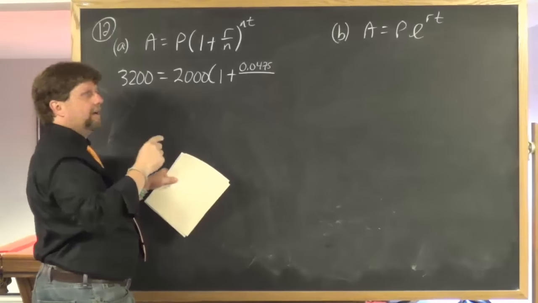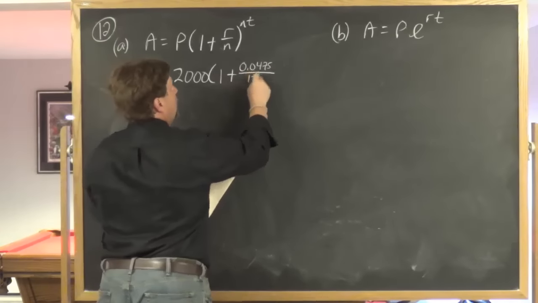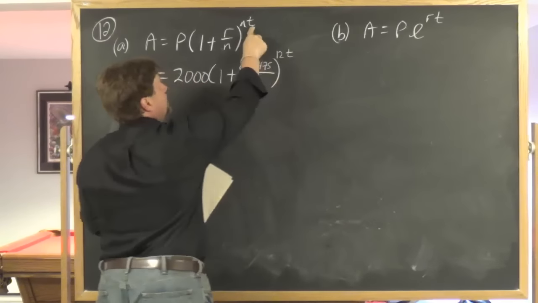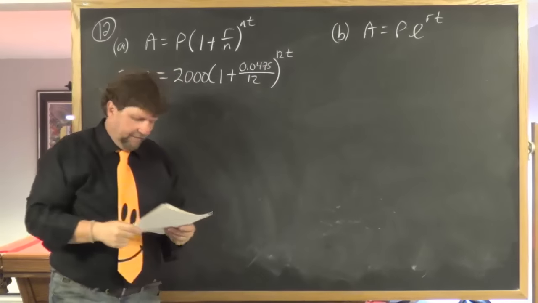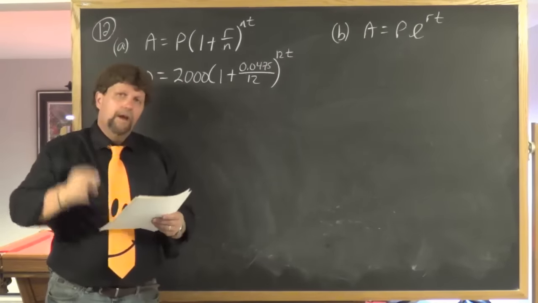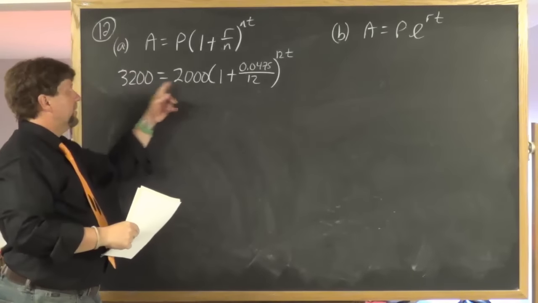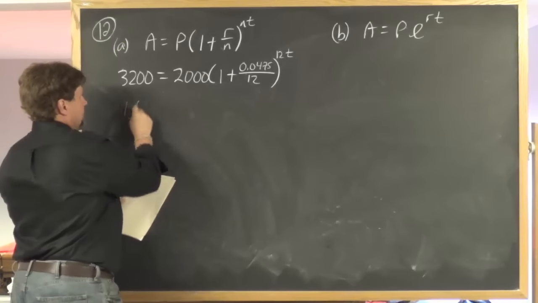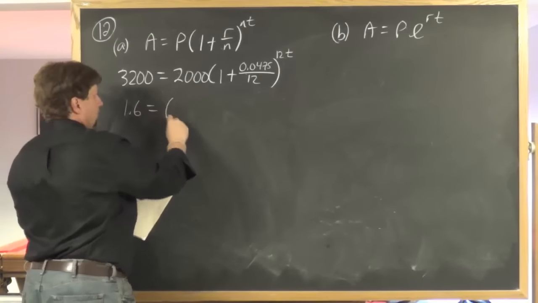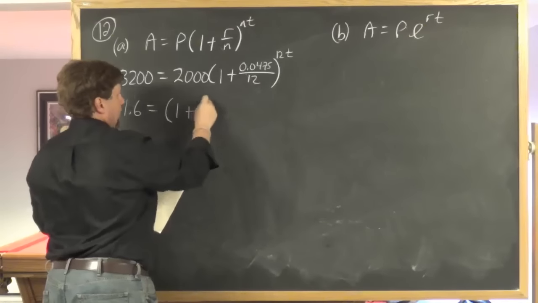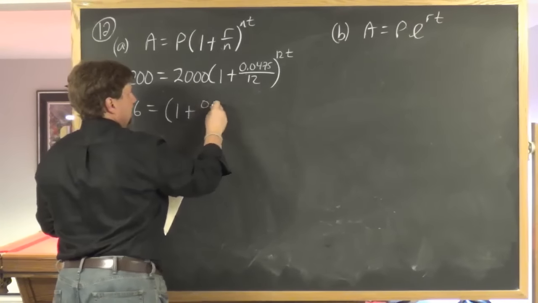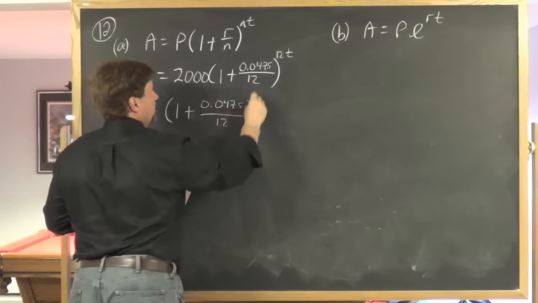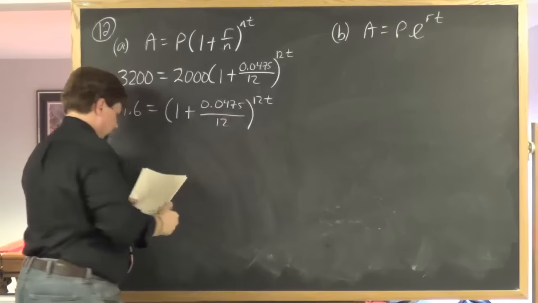In part A, it's compounded monthly, so n is 12, and t, that's what we're trying to find. My first step, divide both sides by 2,000, and I get 1.6 equals 1 plus 0.0475 divided by 12, to the 12t.